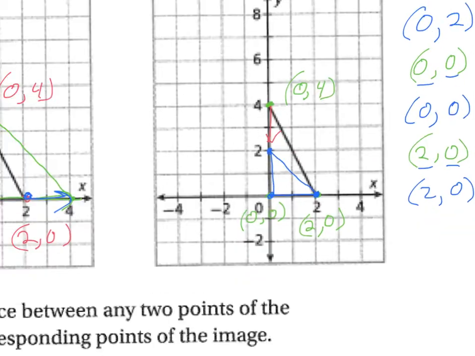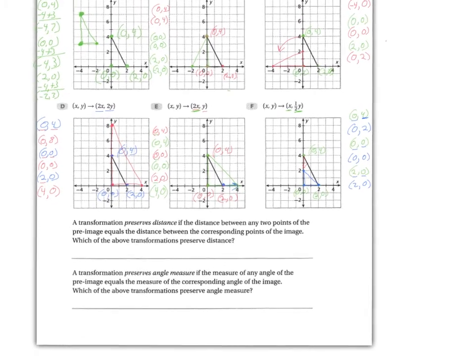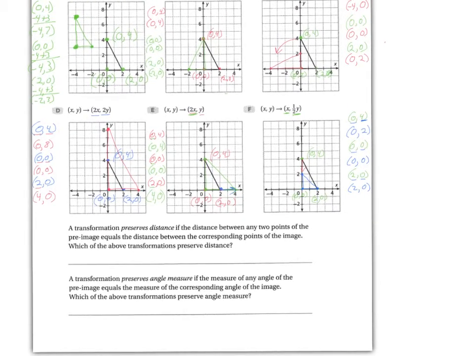Okay, looking at these questions now that I have all my triangles here, the question below says, a transformation preserves distance if the distance between any 2 points of the pre-image equals the distance between the same points of the transformed image. Basically, they're saying which images have rigid motion.